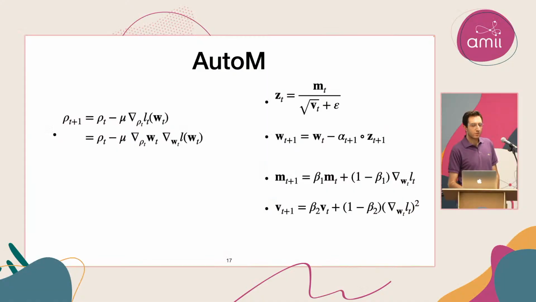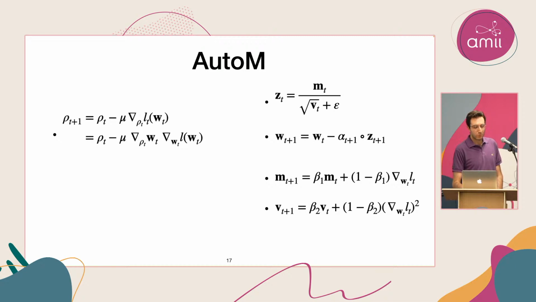So I should go through the derivation. Rho here is the log of the step size, and we get the step size by taking the exponential of this. This is what we want to derive: an update rule for rho.